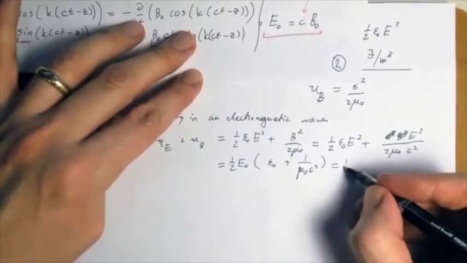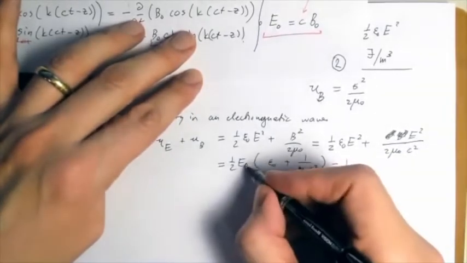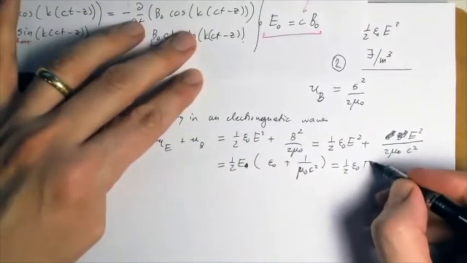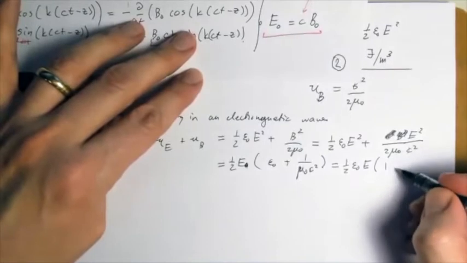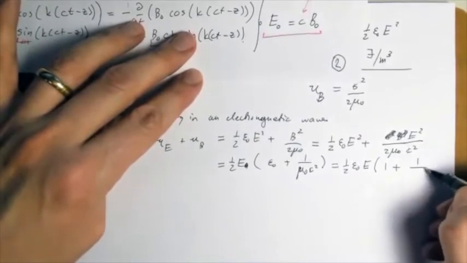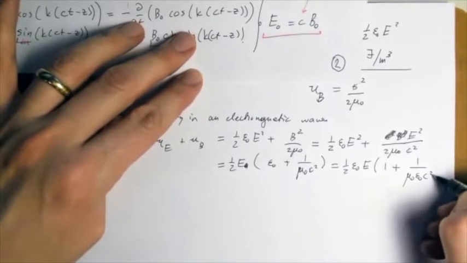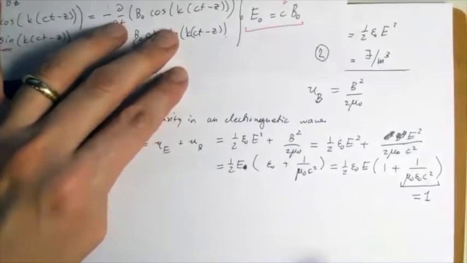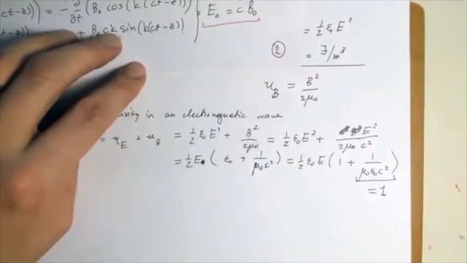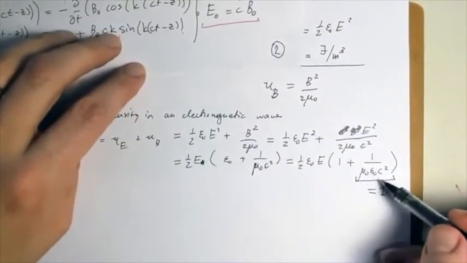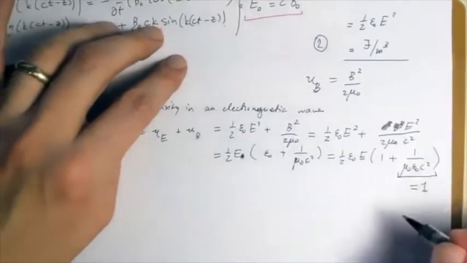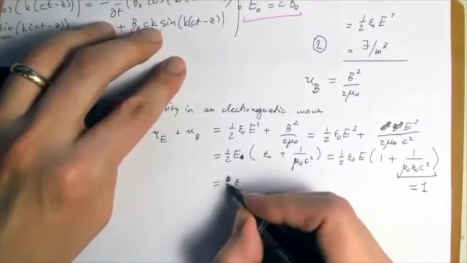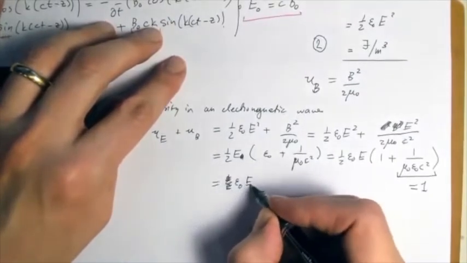And that is 1/2 epsilon naught E squared times 1 plus 1/(mu naught epsilon naught c squared). And this was 1, because we had defined c squared as being 1/(mu naught epsilon naught). So this is 2. So the average energy is 1/2 times 2 epsilon naught E squared.